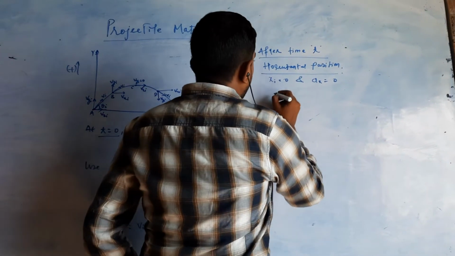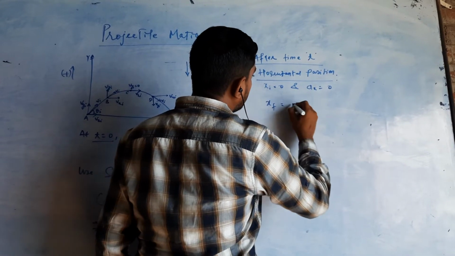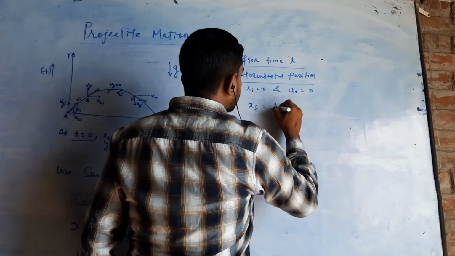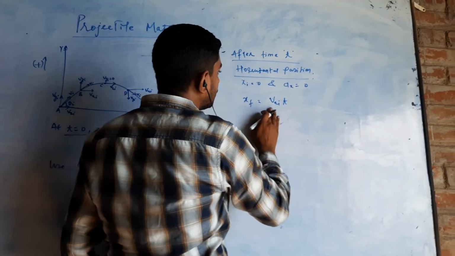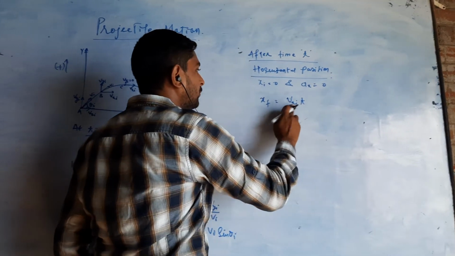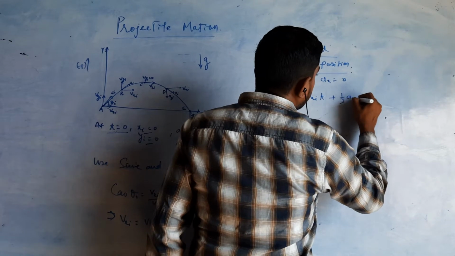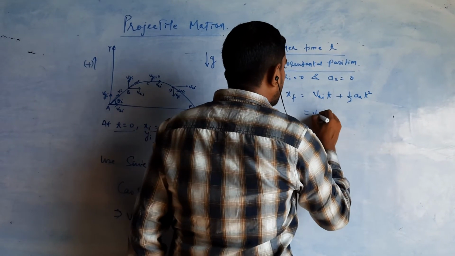So here, x final is vxi into t, after time t, plus half ax t square. Ax is 0, so we have vxi t.